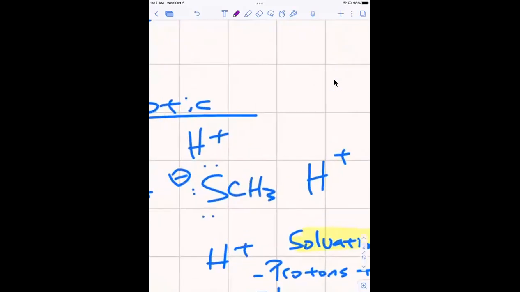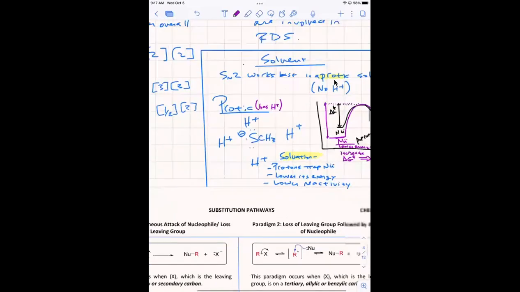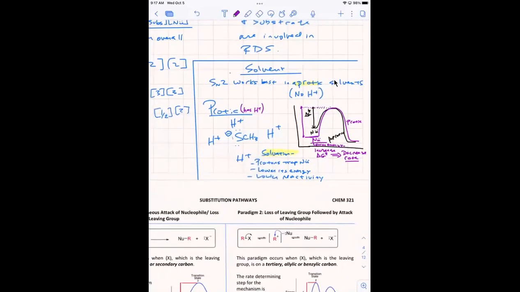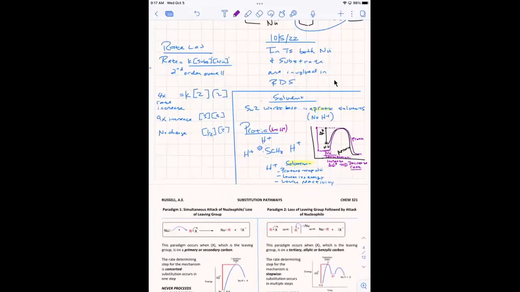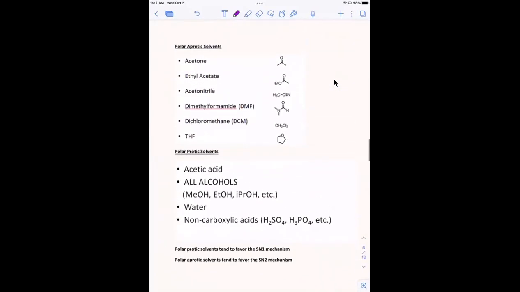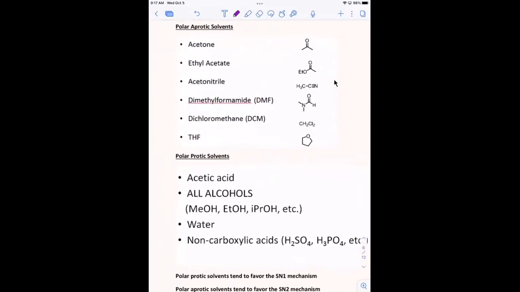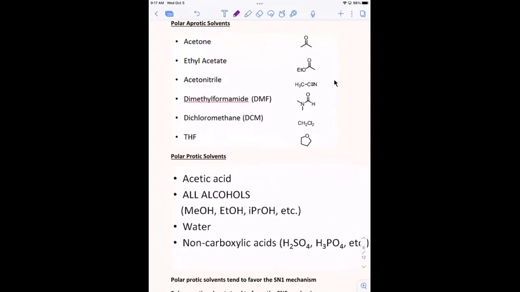So a protic solvent, which has H plus to donate, is going to slow that reaction down. If you have the handout, on this page there are some different solvents listed. It's also listed in the video that I sent out.